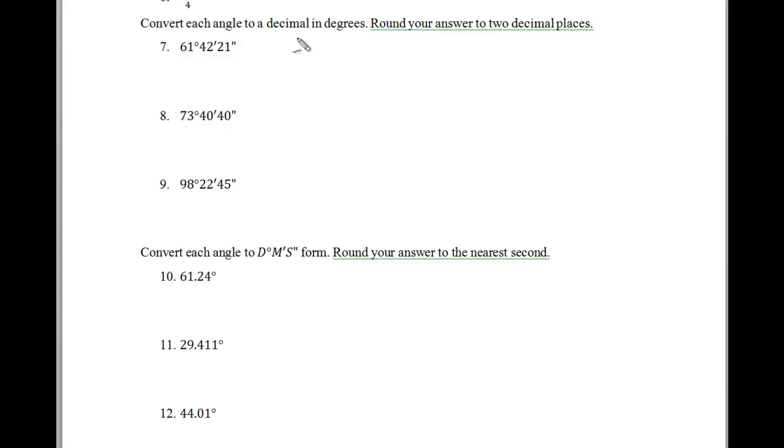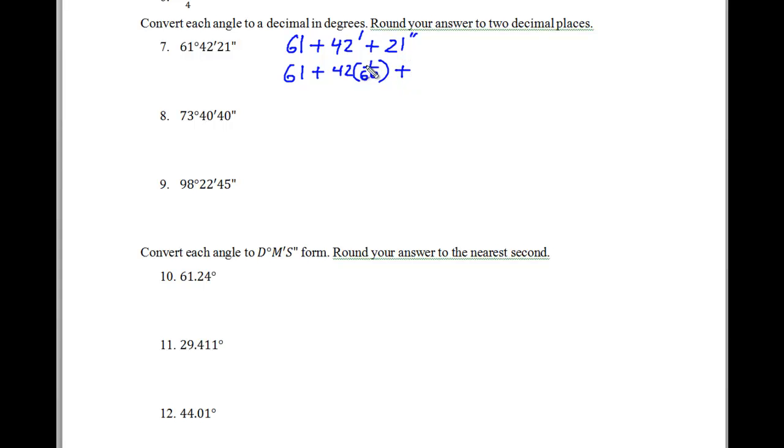Now to do that, it's kind of a clever process because we're going to take 61 degrees, and then 42 minutes, and then 21 seconds. Now to convert minutes into degrees, we can say that 60 minutes make up 1 degree, so 42 multiplied by 1 over 60 gives us our answer to convert this into a decimal.